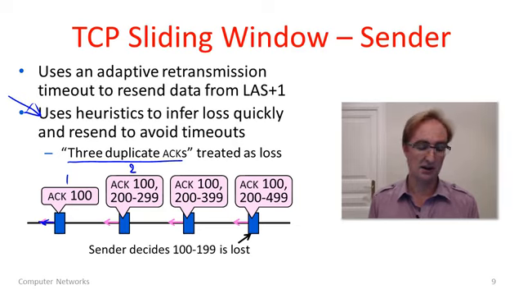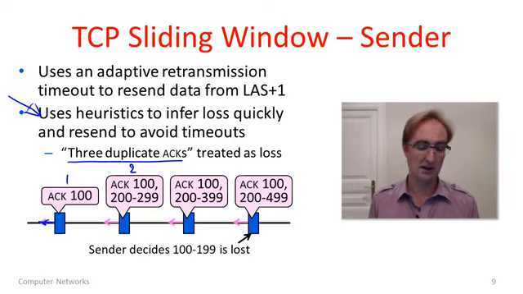Next ACK, number 3, that's another duplicate ACK, because it says the cumulative ACK is still at 100, but looks like I've received some new data. It's just it was further out. And finally, there is the 4th ACK here, or the 3rd duplicate ACK. It says I'm still at ACK 100, but I've now got also bytes 200 to 499.